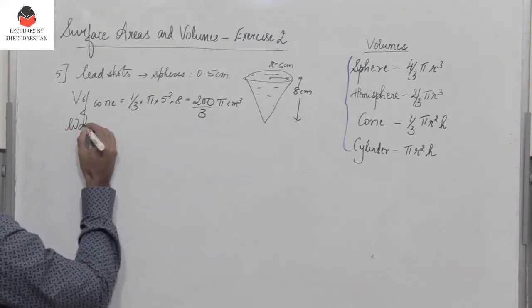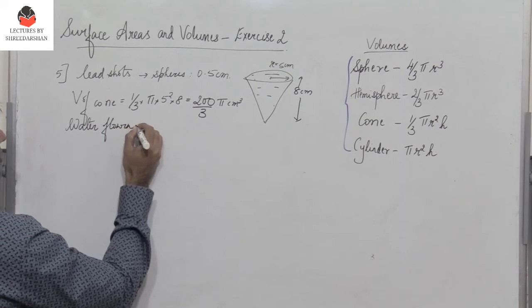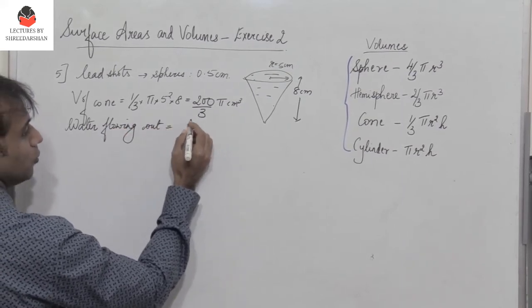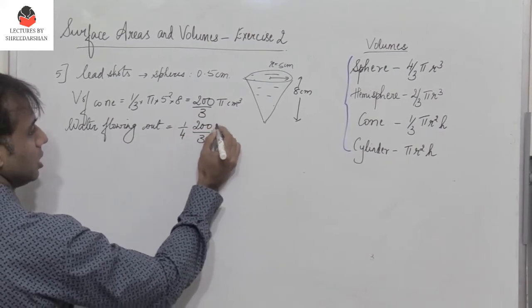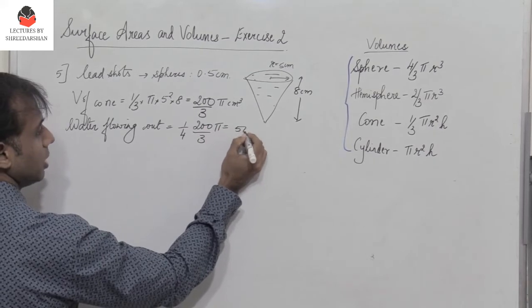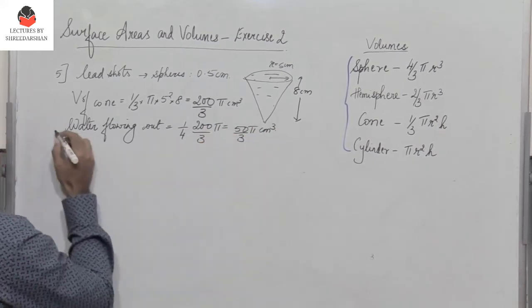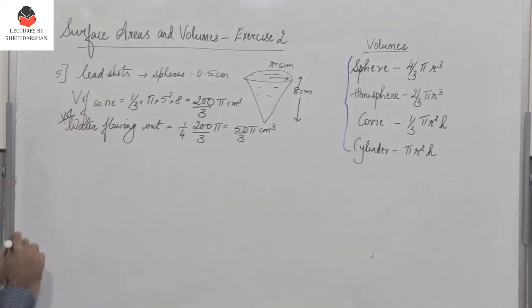So the volume of water which flows out is 1/4 of 200/3 π, which is nothing but 50/3 π centimeter cube. So this is the volume of water which flows out.